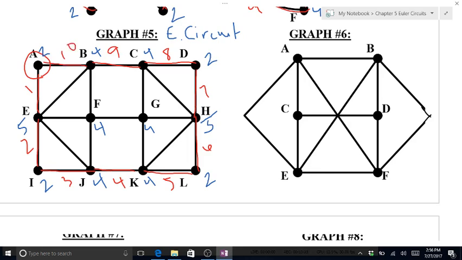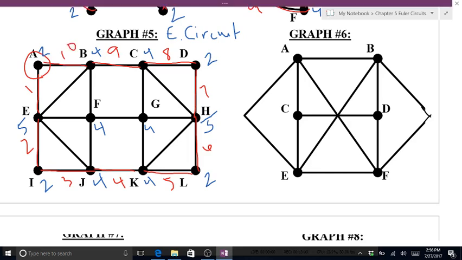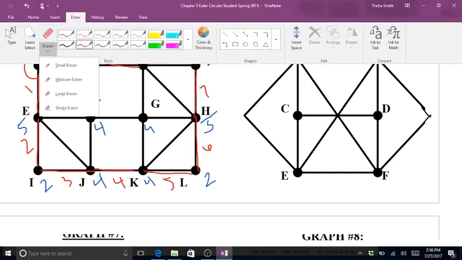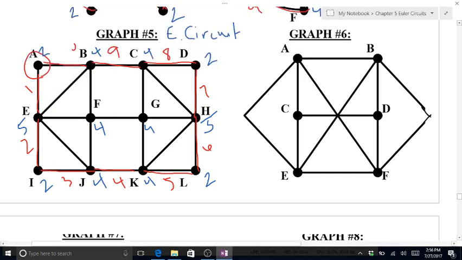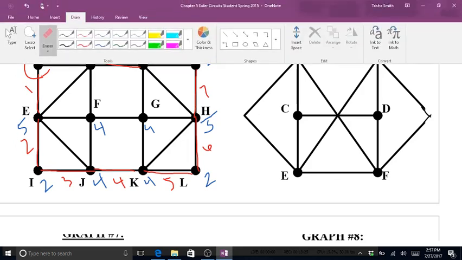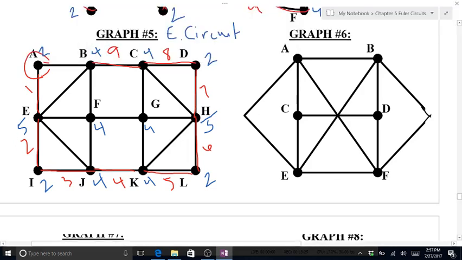Uh-oh. Can't do that. Back up a step. Can't go 10 there. Okay. Remember, this is now kind of a bridge. Once I go to A, I can't leave A again. So that was my mistake.